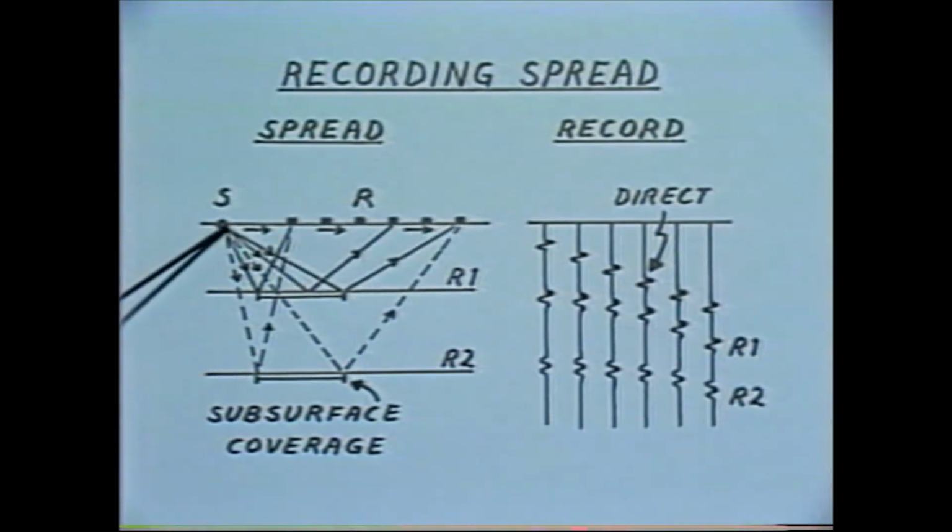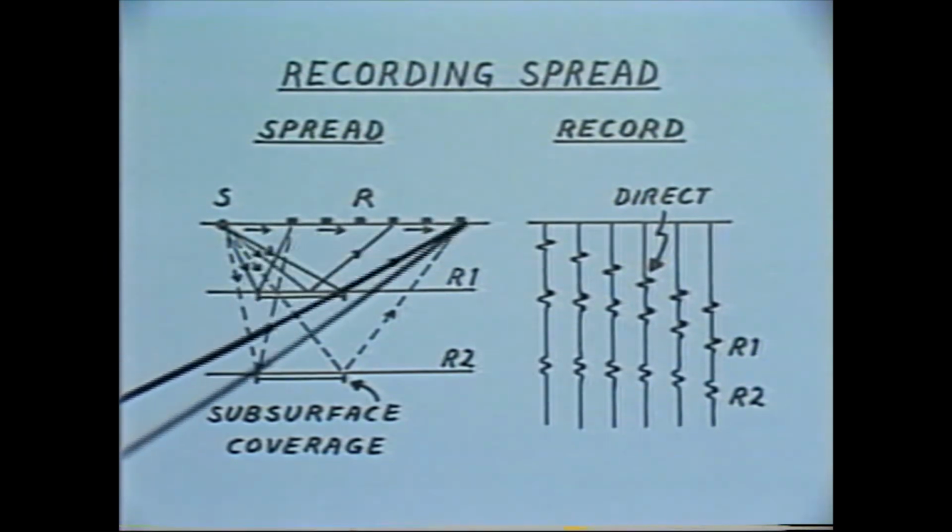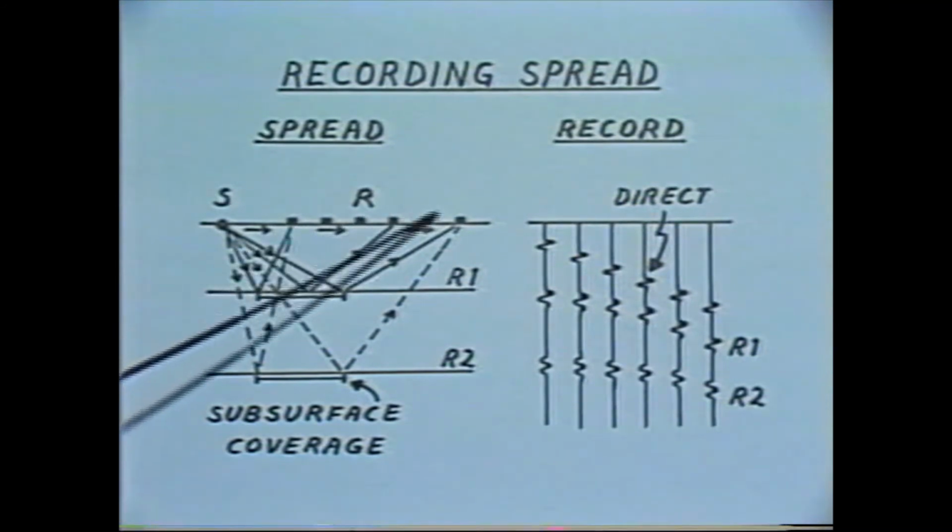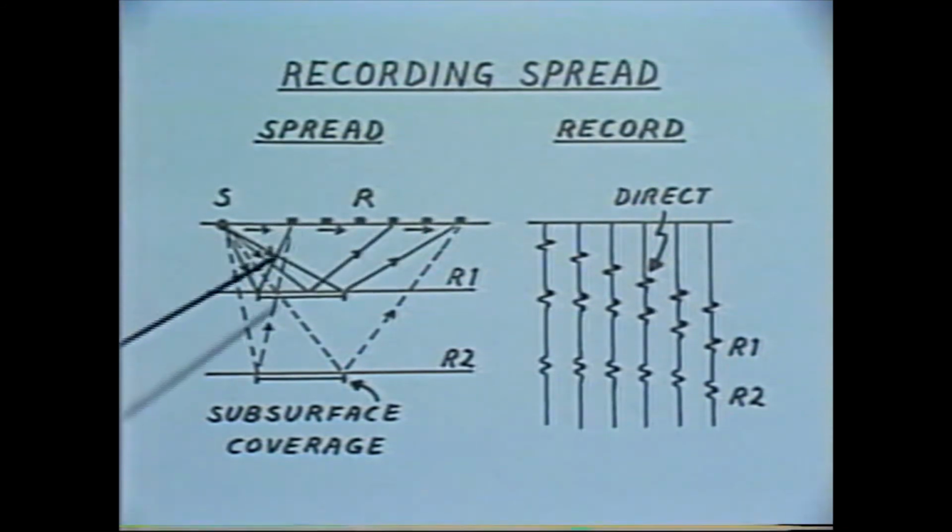if you look at the geometry of the ray paths, you'll see that the distance covered by the line of reflection points on the reflector is going to be half of the distance covered by the line of receivers on the surface.